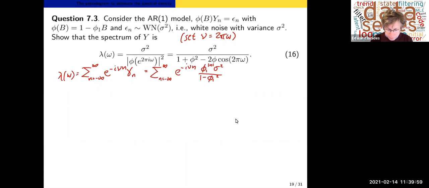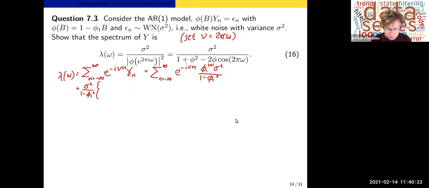Okay, so how am I going to do that using the geometric sum formula? Well, I'm going to take sigma squared over 1 minus phi_1 squared out. And then this is a kind of two-sided exponential sum.